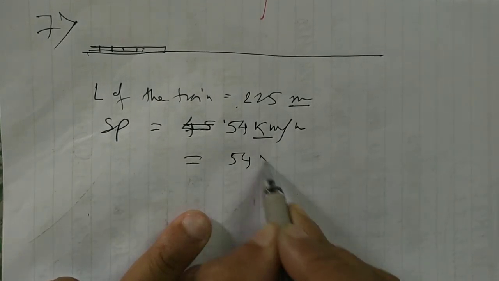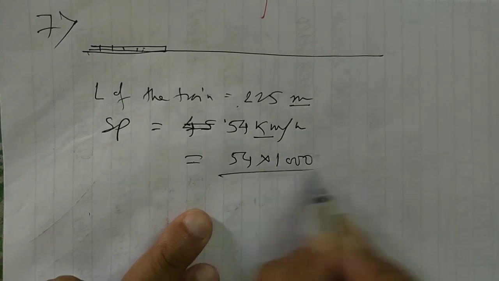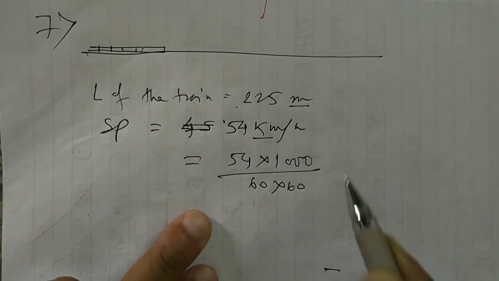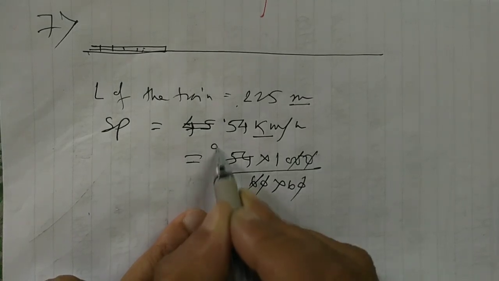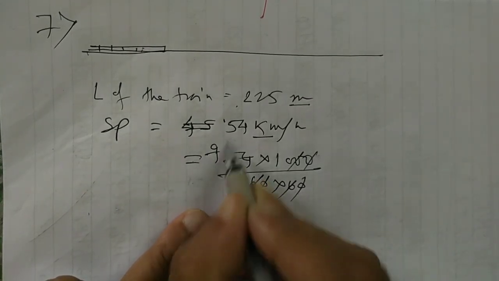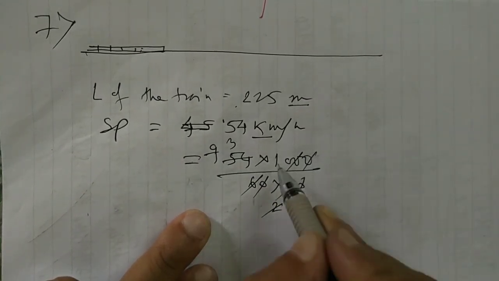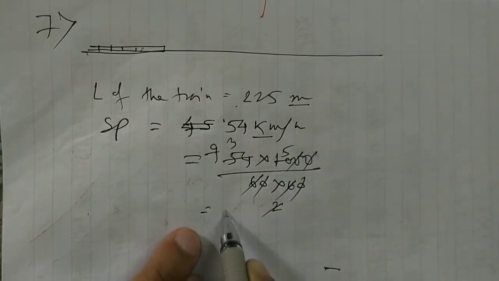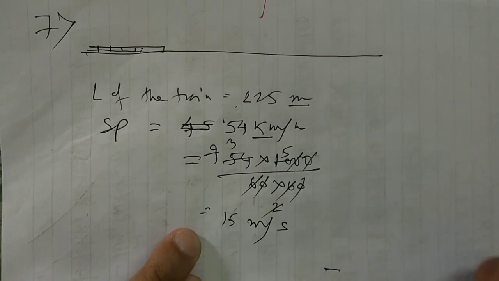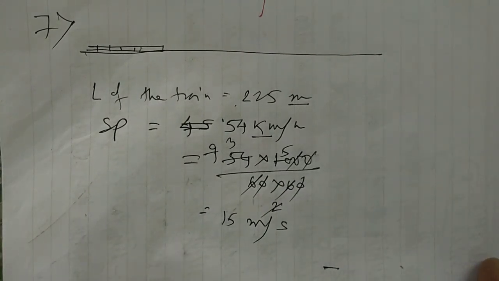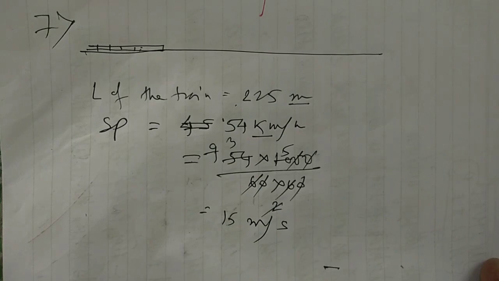So 54 into 1000 by 60 into 60. Zeros cancel, 6 times 9 is 54... so that is 15 meter per second. Yes, this is the speed. Now let's read the rest part of the question. Now what is the time required to cross a tree?